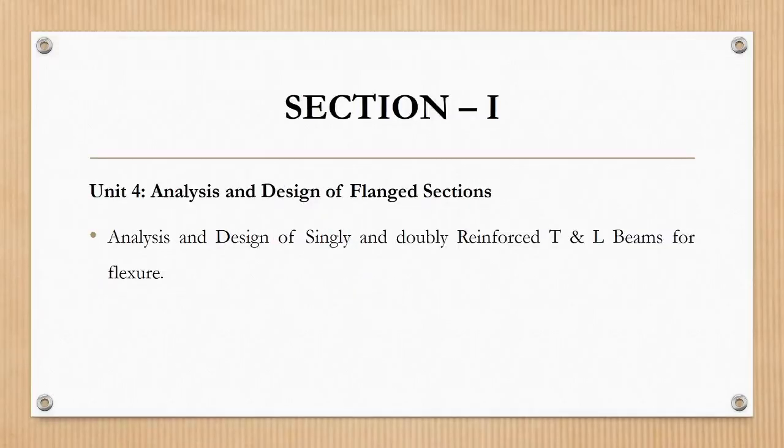In unit number 4, analysis and design of flange sections, we are going to deal with the analysis and design of singly and doubly reinforced L and T beams, which are called flange sections, and the design will be carried out in lecture only.